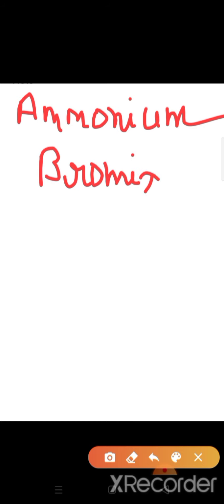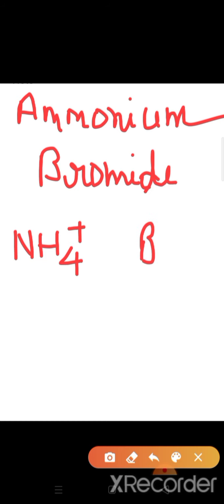Ide means negative. Br negative. When bromine contains one negative charge, it is known as bromide. What is the valency of ammonium? It is 1. What is the valency of bromide? It is also 1. The valencies are cross transferred and the formula becomes NH4Br. Okay.